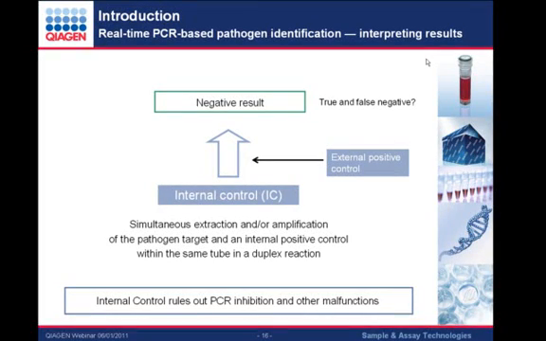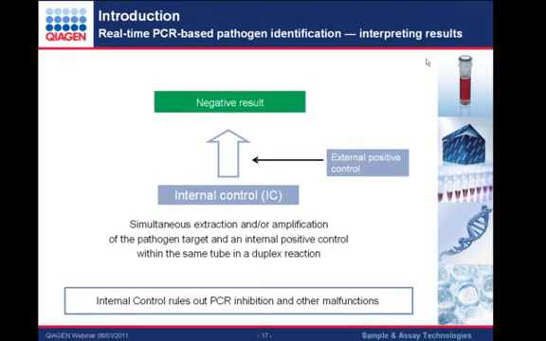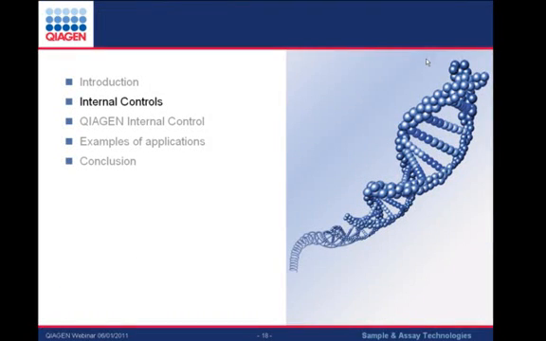The internal control should always be combined with at least one external positive control reaction per run. This should be done in addition to using the internal control, just to prove the functionality of the reaction mix for amplification of the pathogen target. And now together these two controls will confirm that your negative result is truly negative.